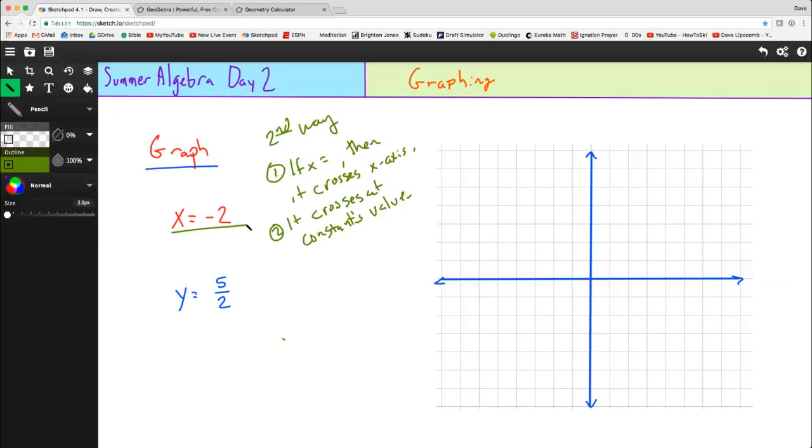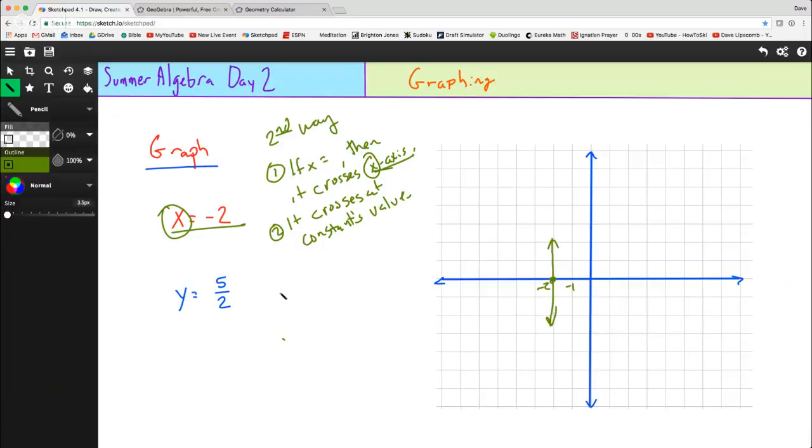This says x equals -2, so I know it crosses the x-axis, right? X equals -2, x-axis. So I know it crosses this thing somewhere. Now it crosses when x is -2, so I just go, whoop, -2, boom. And I draw the line that crosses the axis. Done.